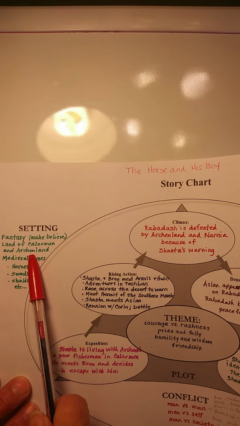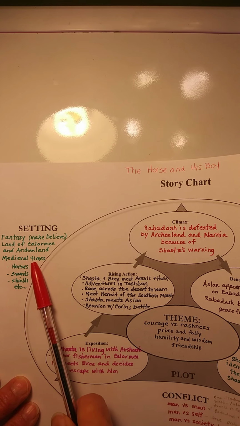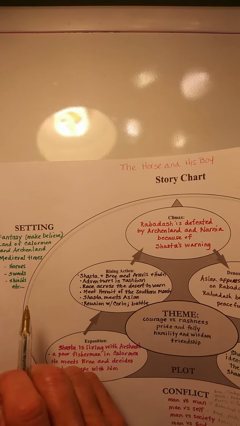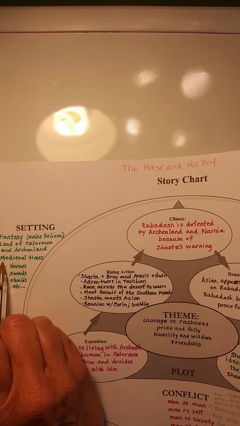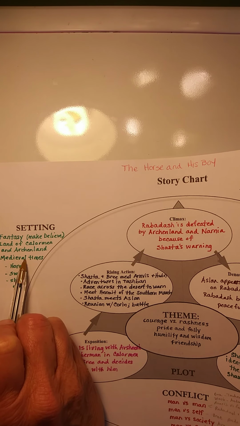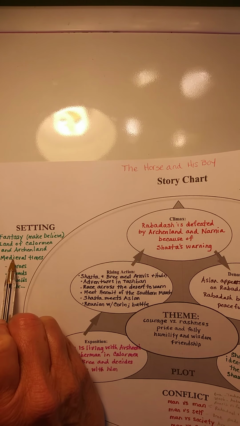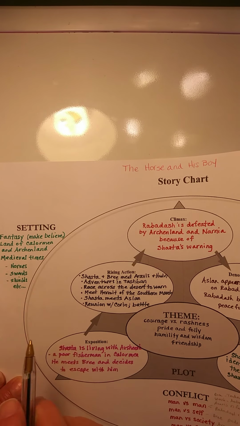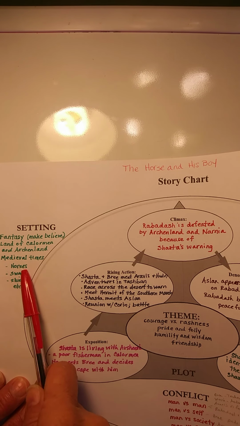This particular book and many fantasy stories are often set in what we would call medieval times. Notice, if you're going to write this on your paper, notice the spelling of medieval. It looks like it should be pronounced medi-eval, okay? But it's medieval. But you know, they have horses.